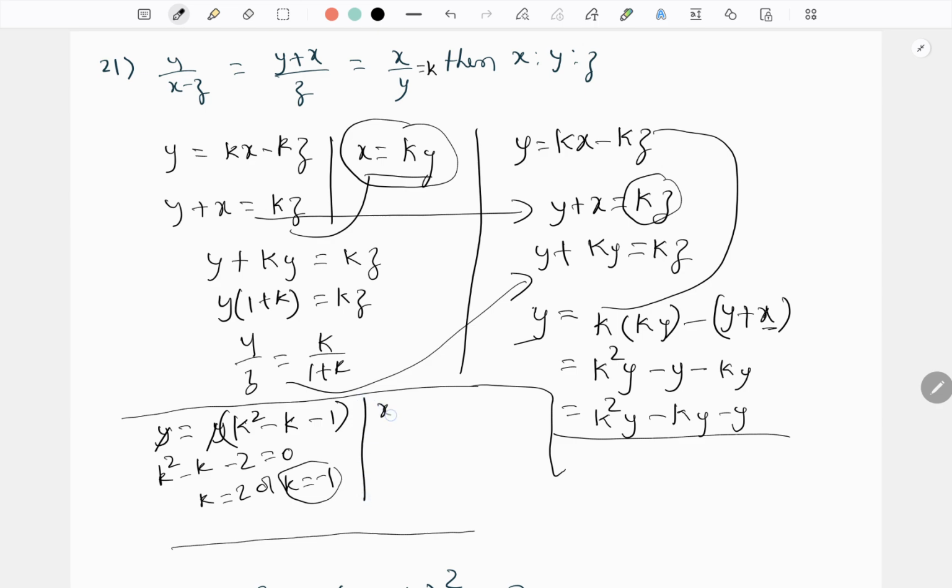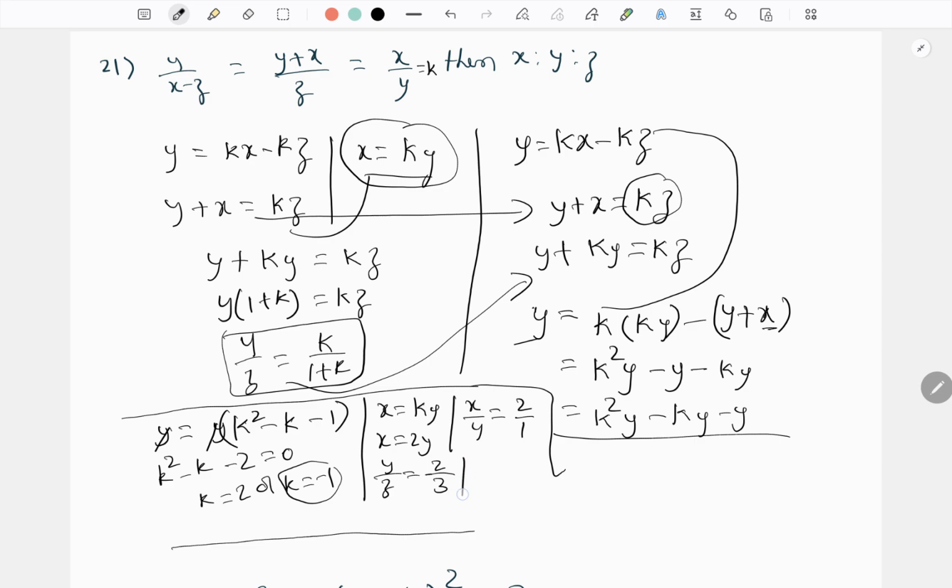So first of all, x is equal to ky. So x is equal to 2y. Then x by y is equal to 2 by 1. Then second equation, y by z is equal to 2 by, means this value, 2 by 1 plus 2 is 3.